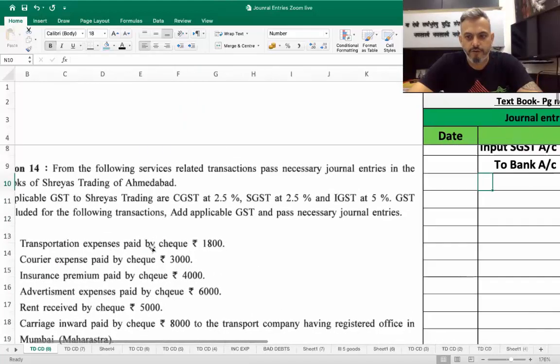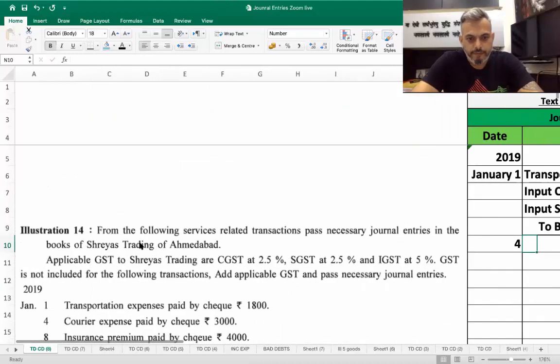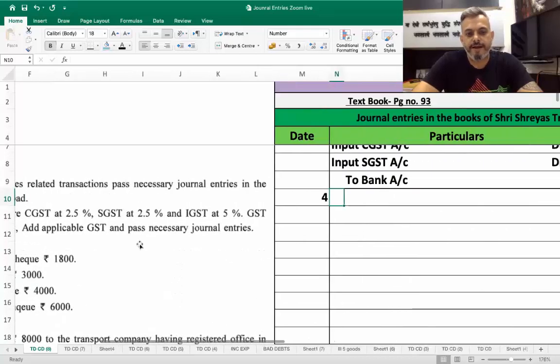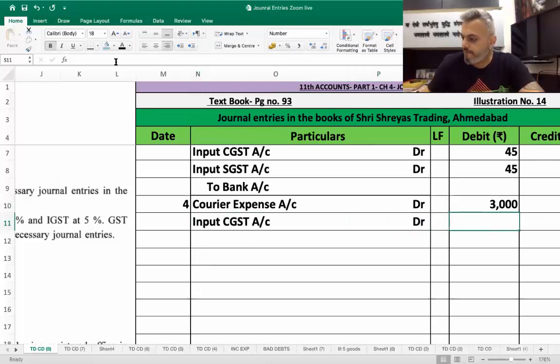Now, January 4th. Courier expense paid by check 3,000. So courier expense account debit. Again, input CGST account debit 2.5%, 75.